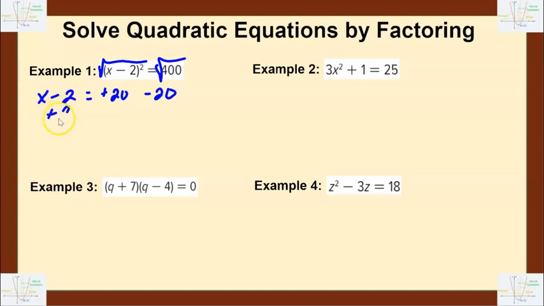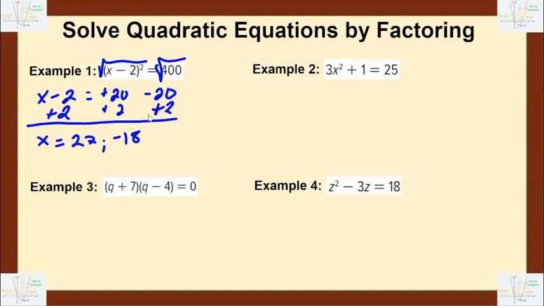To do that, I'm going to add 2 to both sides. And because I have two solutions, I'm going to add 2 to both numbers. And my solution would be x is equal to, not 40, this should be 22. And it could also be a negative 18.